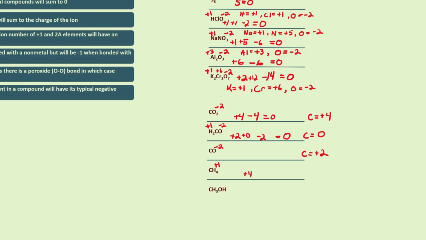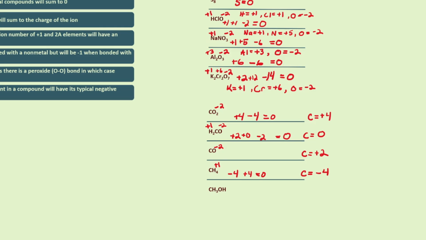And remember that the reason the hydrogen is +1 is simply because it is bound to a non-metal. If it were bound to a metal, it would be -1, but it's bound to a non-metal, so it is a +1. So that means in this case, your carbon is going to be equal to -4.